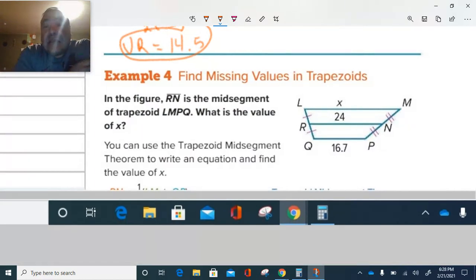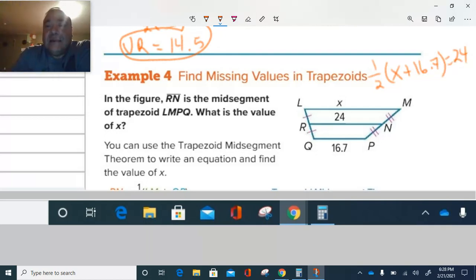Okay, now let's go up here and let's try to do example 4. Again, this time they give us the mid segment, guys. What is the value of X? And you guys say, oh my gosh, I do not know. So what you got to do here is say, well, they gave us one base. So you're going to say, okay, 1/2 of X plus 16.7 is equal to 24, right?